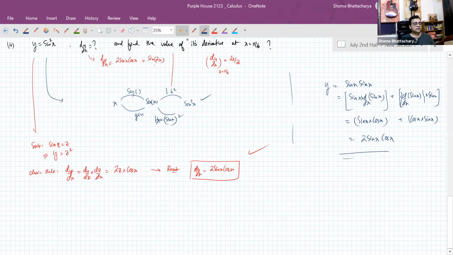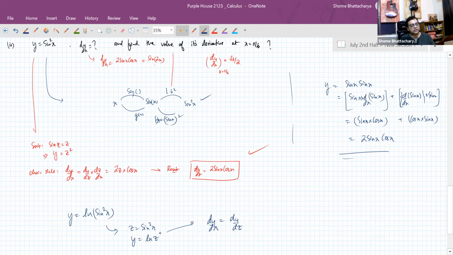Now to connect this back to the earlier question we did, y is equal to ln of sine square x. If we had not used the property, then we could have done this also, that substitute z as sine square x. So y would become ln of z. But now when you are using the chain rule, you have to refer back to this problem, or again use chain rule once more.